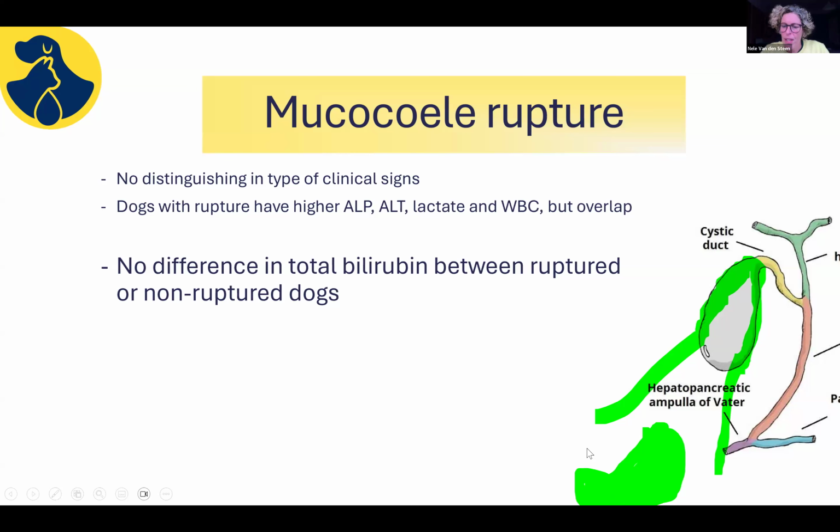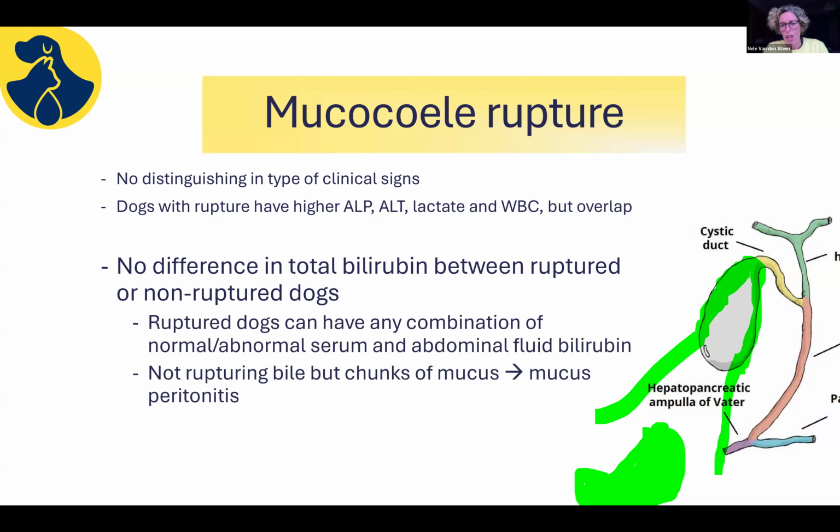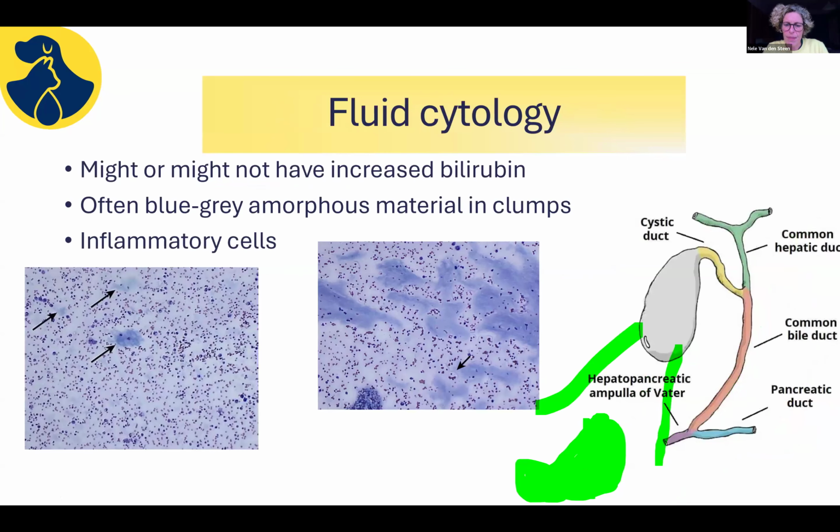So you could have fluid that has normal bilirubin in it or a low level of bilirubin, while the blood might have normal bilirubin in some of these patients, or it might be elevated if you also have an extrahepatic bile duct obstruction, for example. So do not rule it out just on the basis of that.